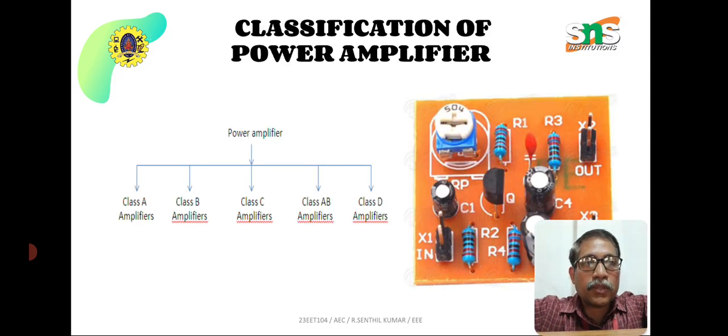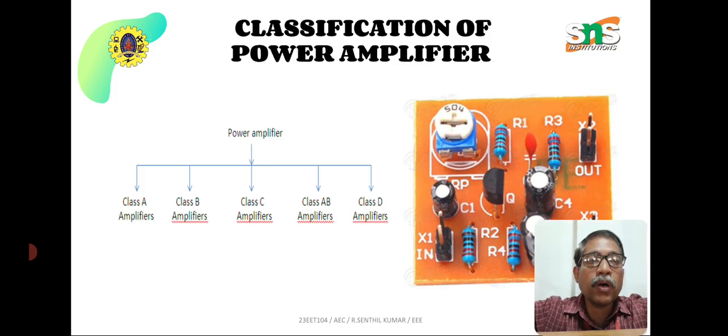Before going to the transistor circuit, power amplifiers are classified into Class A, Class B, Class C, Class AB, and Class D. All these configurations depend on how the output waveform appears from the input.